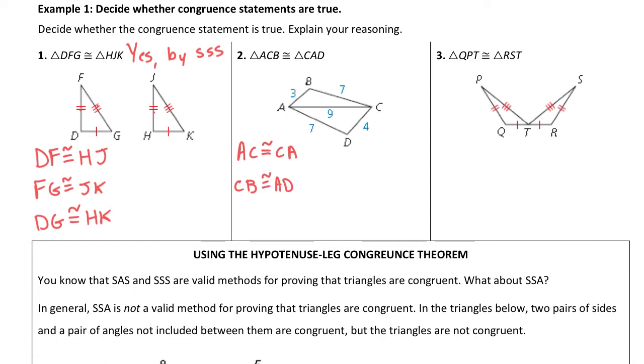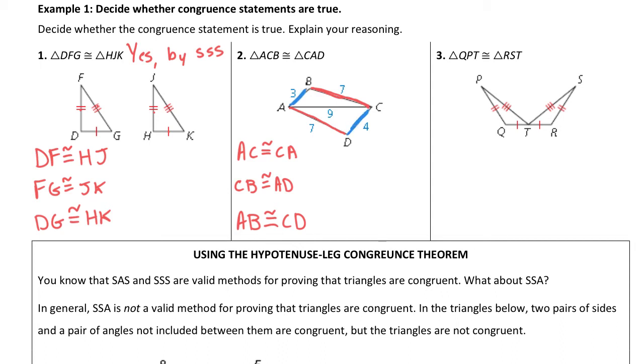Are those congruent? So CB is this side, AD is this side. Are those congruent? I would say yes. And then finally we look at, is AB congruent to CD? So I'm going to just use a different color to show that.